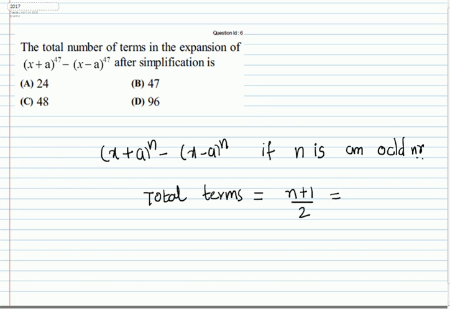So here n is equal to 47. 47 plus 1 is 48, 48 by 2. Hence there are 24 terms. Hence option A is correct.